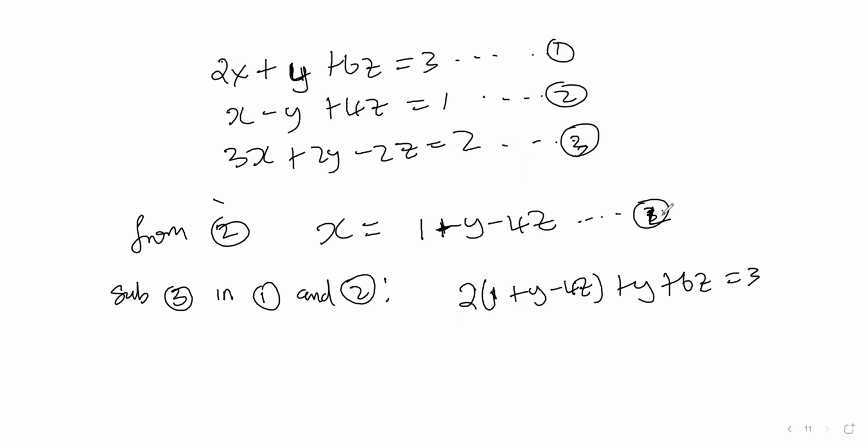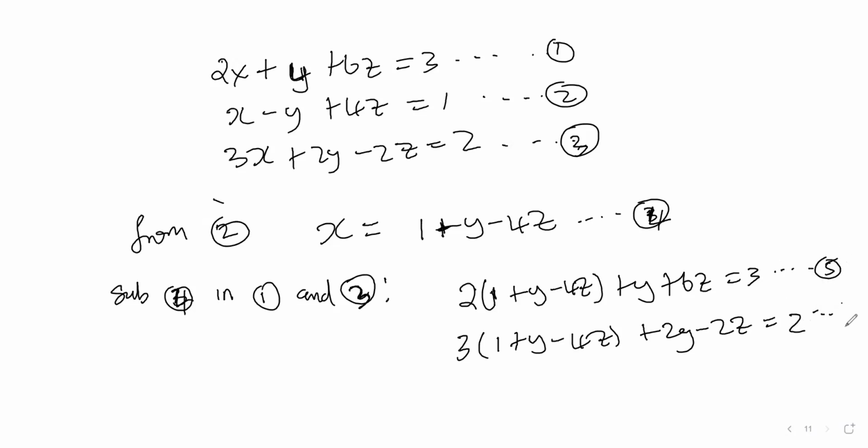If we substitute into 3 as well, we get 3 times x, x is 1 plus y minus 4z, plus 2y minus 2z equals 2. So we now have equations 5 and 6 in y and z only to solve.